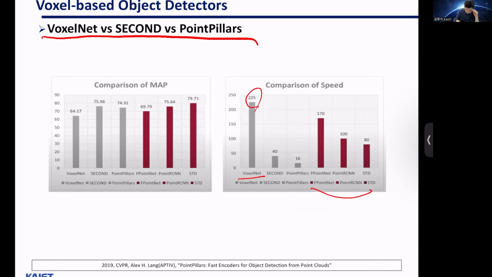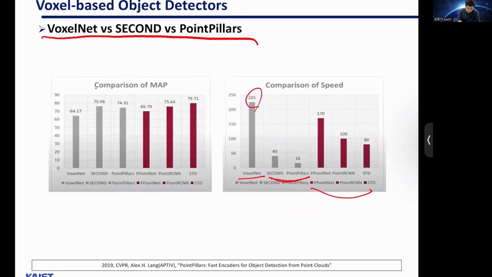But then after this, with faster backbone networks, the voxel-based network improved its speed significantly when compared to PointNet.